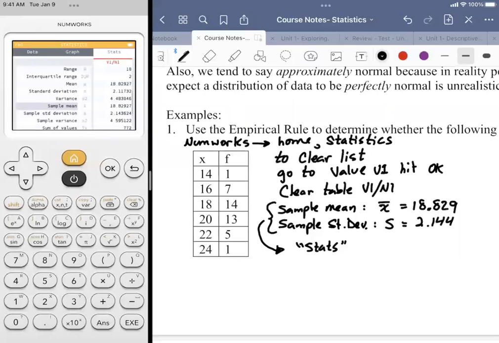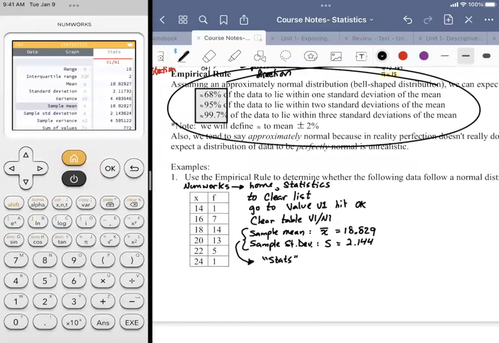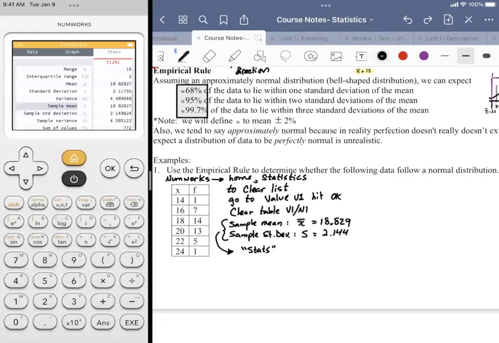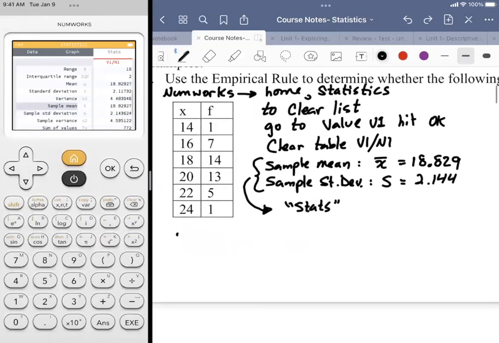All right, so I'm going to compute based off of this rule here, X bar plus or minus 1 standard deviation. And so the way that is, I'll leave it over here for now. X bar minus 1 times the standard deviation, and X bar plus 1 times the standard deviation.